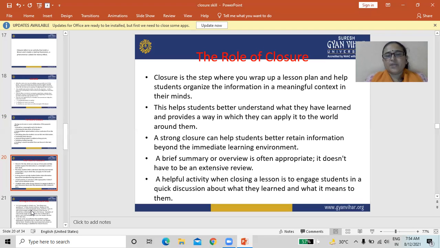A brief summary or overview is often appropriate. It does not have to be an extensive review.